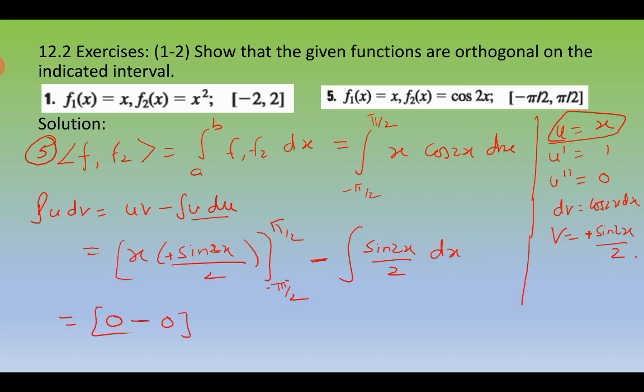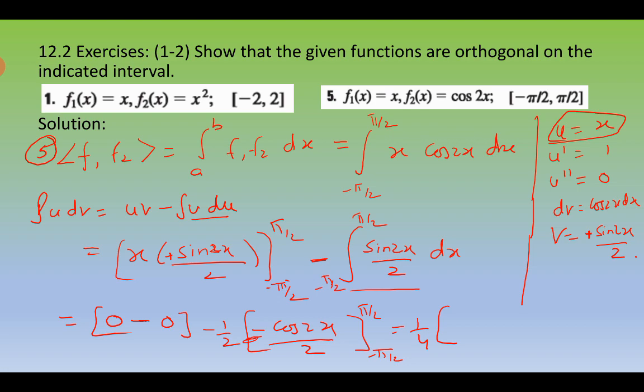Now for this term, negative 1 by 2, when you integrate sine, it will be negative cosine 2x over 2, from negative pi by 2 to positive pi by 2. Here the limit should have been written. The negative and negative make positive, and 1 by 4 comes outside.